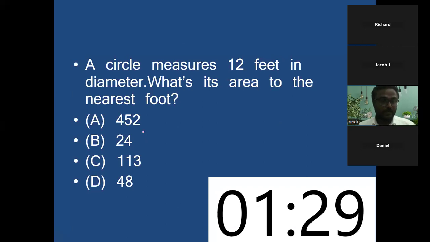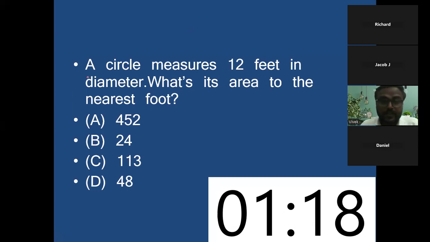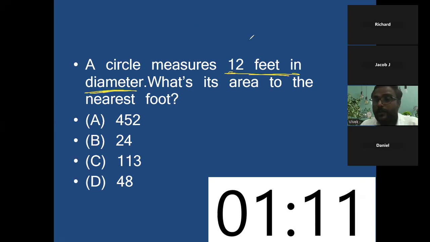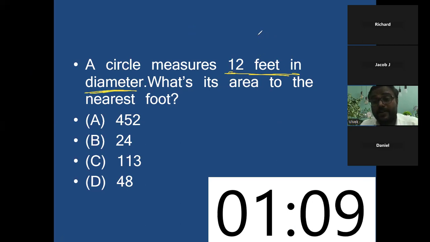I already have an answer from Jacob. Awesome, Jacob. Let's wait for everyone. Remember, guys, here the diameter is given. You need to convert that into radius. So diameter is equal to 2 times radius.